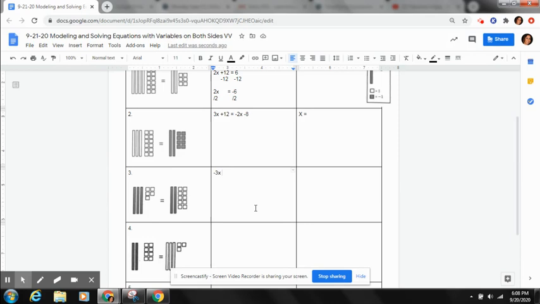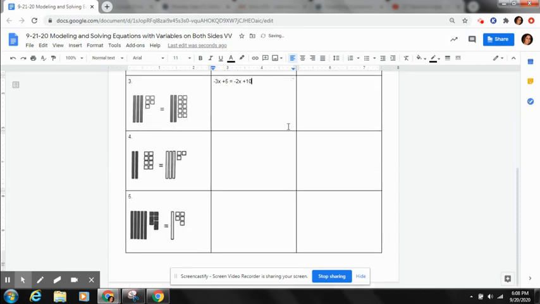Unshaded are positive, so plus 5 equals, then there's 2 shaded rectangles, so -2x, and then 2, 4, 6, 8, 10 unshaded squares, so plus 10. So there's your equation. You can continue from there.